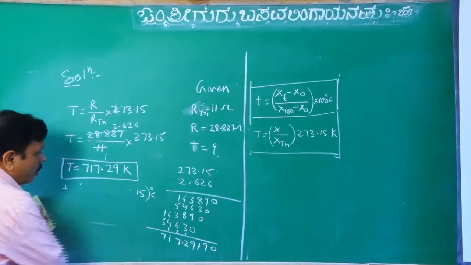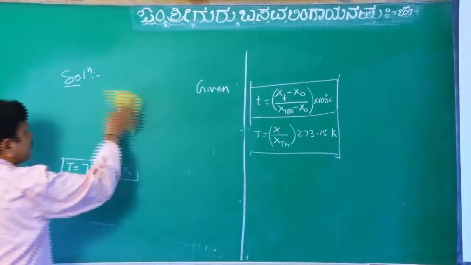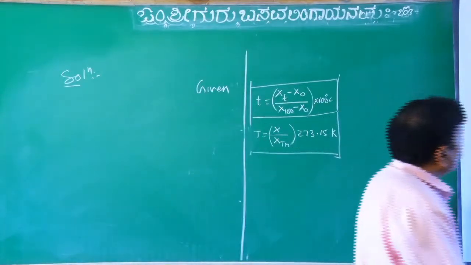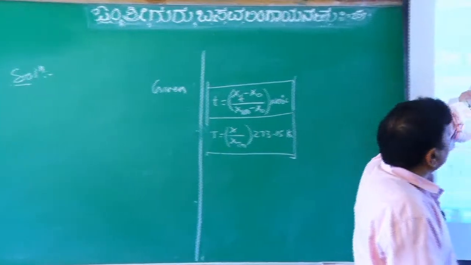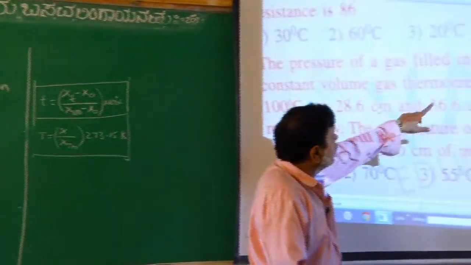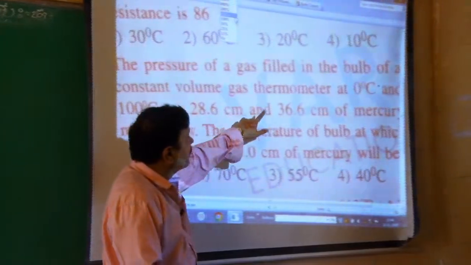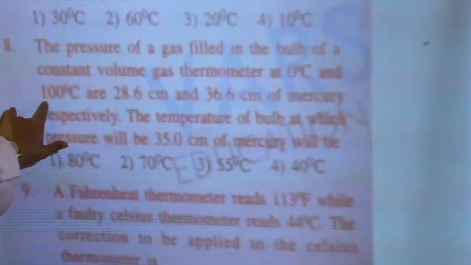Well, now coming to the next one. Here, given is the pressure of a gas filled in the bulb of a constant volume gas thermometer at 0 degree and 100 degree Celsius.